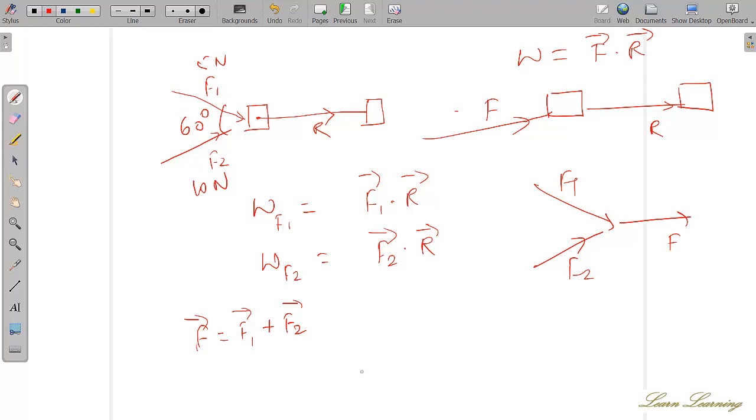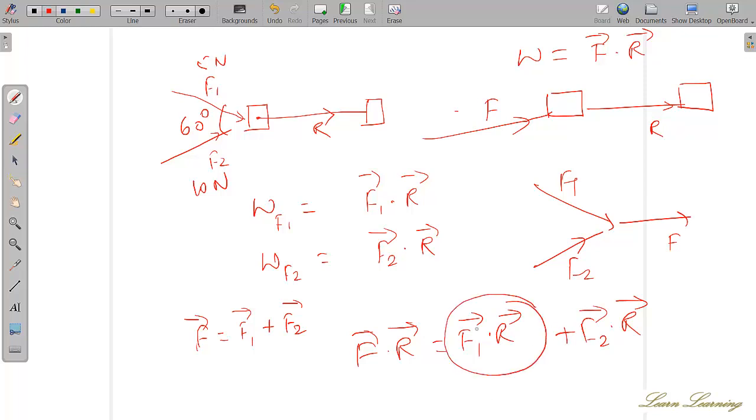What this theorem is telling is, F dot R is equal to F1 dot R plus F2 dot R. That is, if you want to calculate the total work done, you can individually sum the work done by all the individual forces acting on the body, or you can take the resultant of all the forces and just find the work done by that resultant force. So this is the second point which we have to remember.